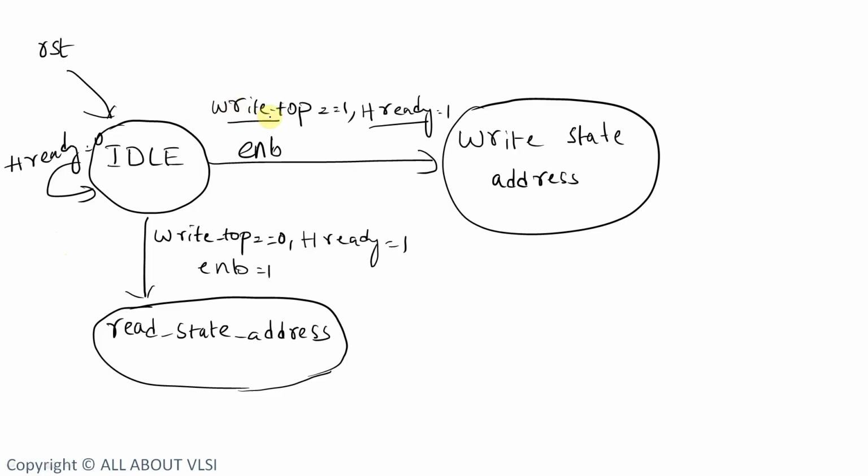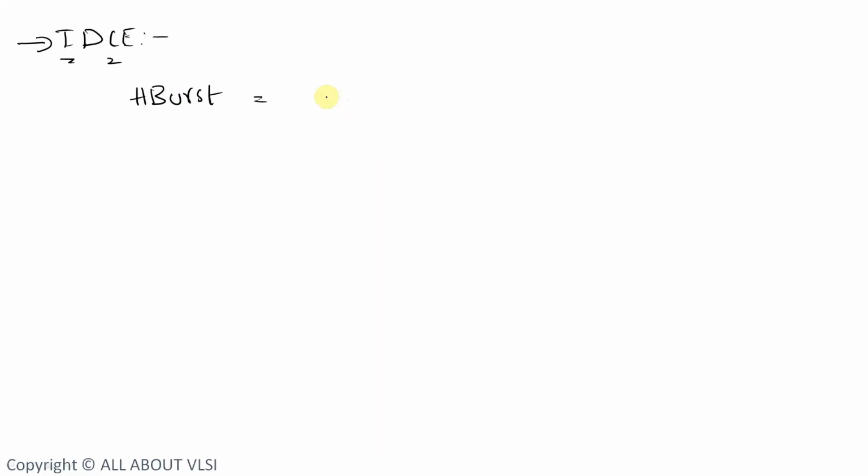When we are in our idle state, let us see what outputs we are making. HBURST will be don't care, HSIZE will be made unknown, and HTRANS will be made 0. HTRANS equal to 0 means the master is idle.